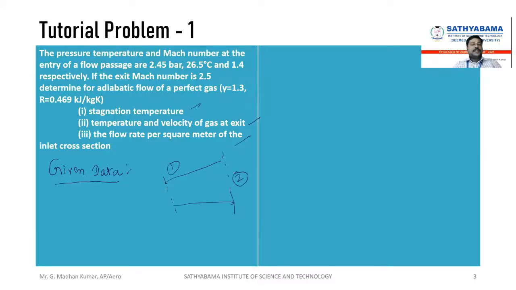So the entry flow passage properties are P1, so P1 is 2.45 bar. And then you have T1, the temperature T1. What is the temperature? 26.5 degrees Celsius, so you have to add 273 to get Kelvin. So what is the answer? What is the temperature now?